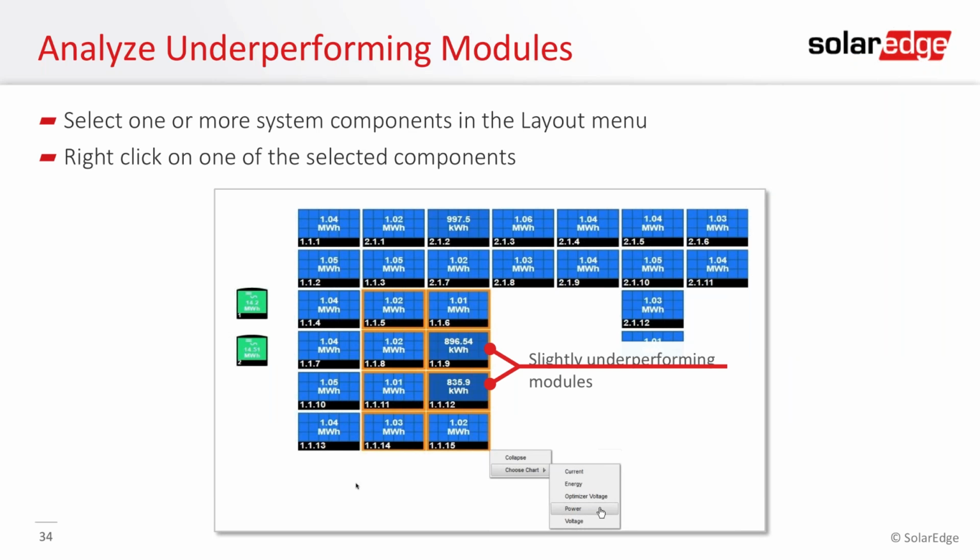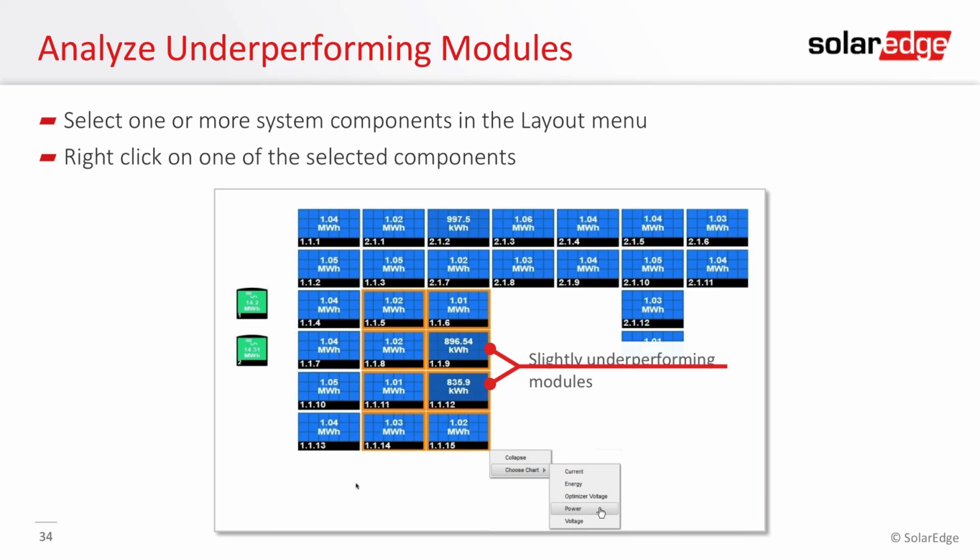Basically, if you need to do some kind of troubleshooting and you need to analyze some data, you don't necessarily need to export any data to do it. You can go into our monitoring portal, take a look at the charts menu, and you can highlight and graph specific components in your PV system.